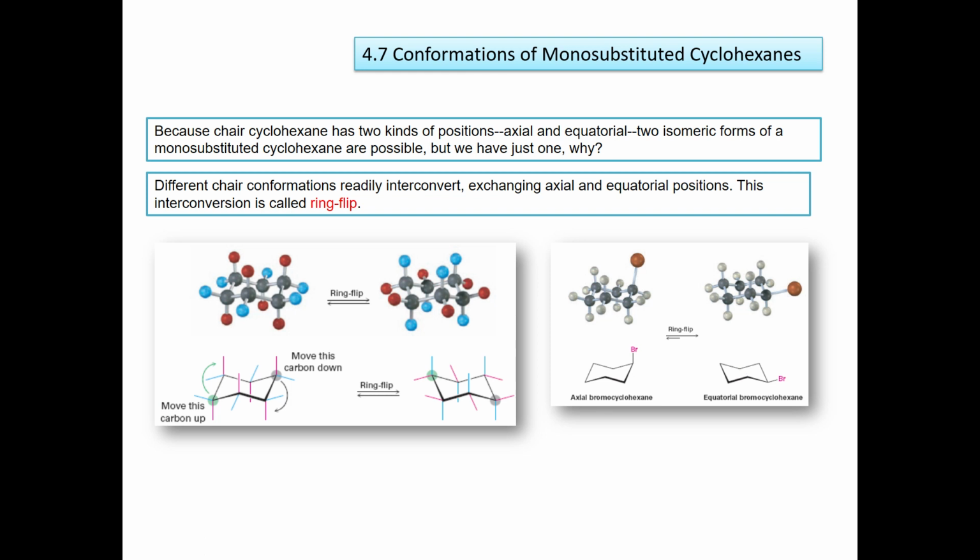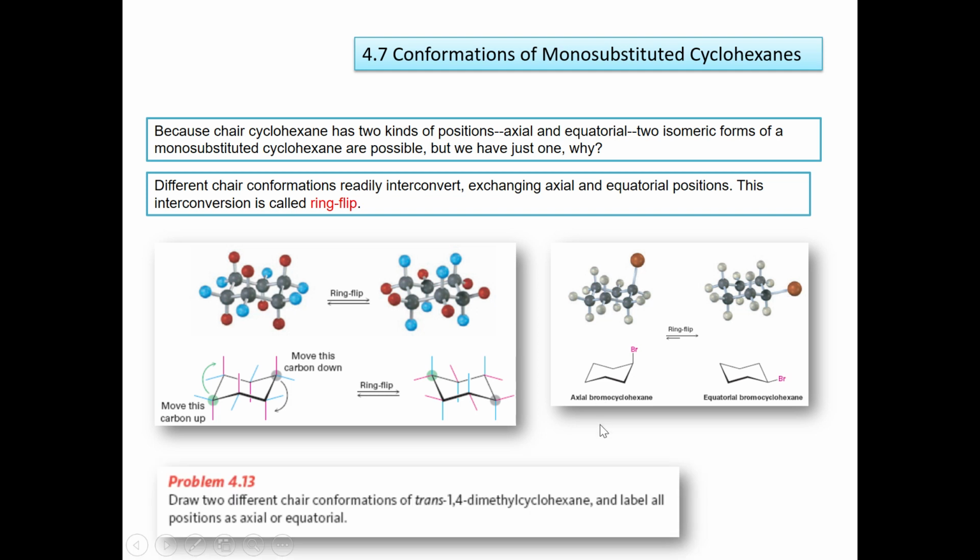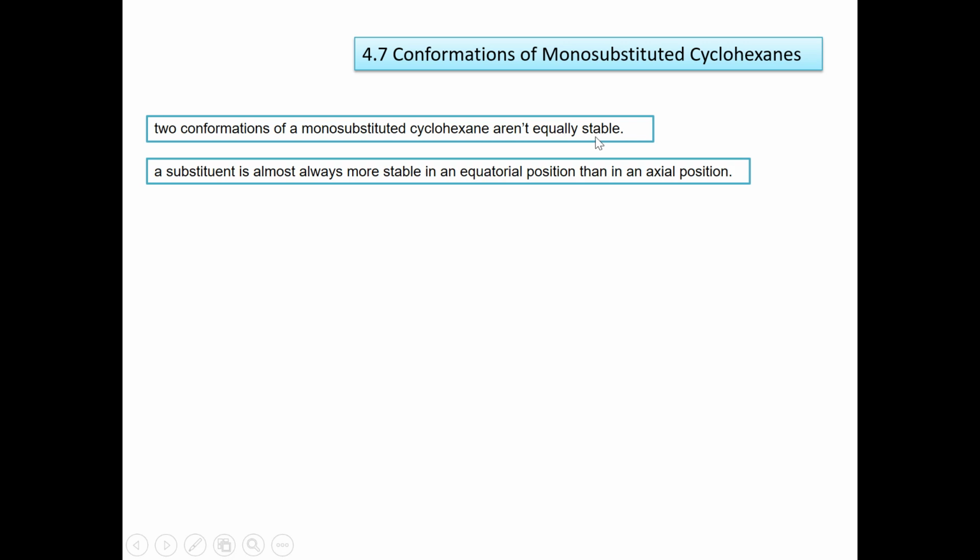What can we get from this? Well, that if this is more unstable than this, in the equilibrium the most stable compound will always be the compound that has the bigger substituents in equatorial position. Two conformations of a monosubstituted cyclohexane aren't equally stable.